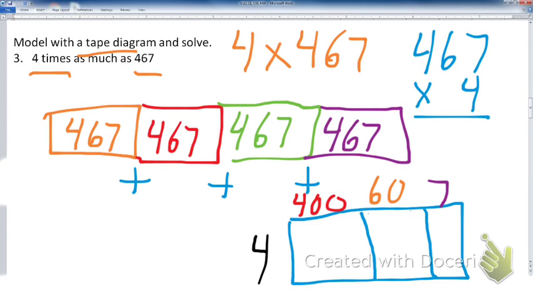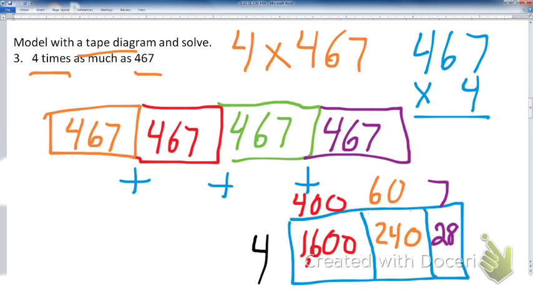400 times 4: 400 is like saying 4 times 100. 4 times 4 is 16, times 100 is 1,600. 60 times 4: 60 is 6 times 10. 6 times 4 is 24, and 24 times 10 is 240. 7 times 4 is 28.